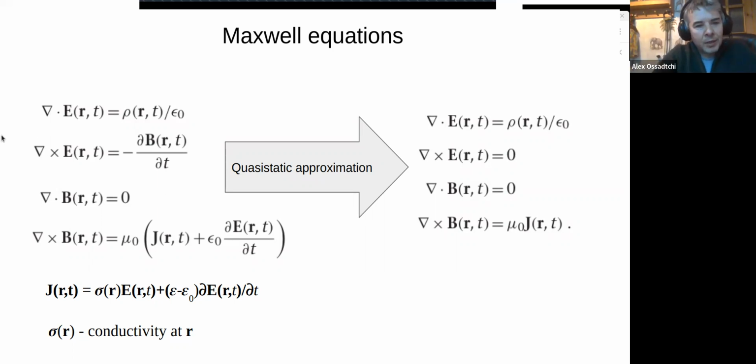And then the same story, but about the electric field: basically, a change in magnetic field produces electric field, the rotor of the electric field. Okay, so the change in magnetic field causes electric field in the orthogonal plane.